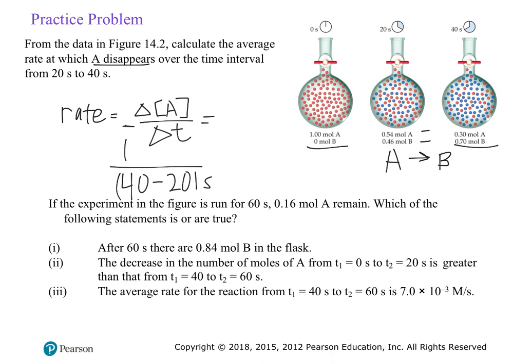And then at 40 seconds, we have 0.3 moles of A, minus 0.54 moles. So we know that A went down by 1.2 times 10 to the negative 2 molar per second. Or it should actually be moles.